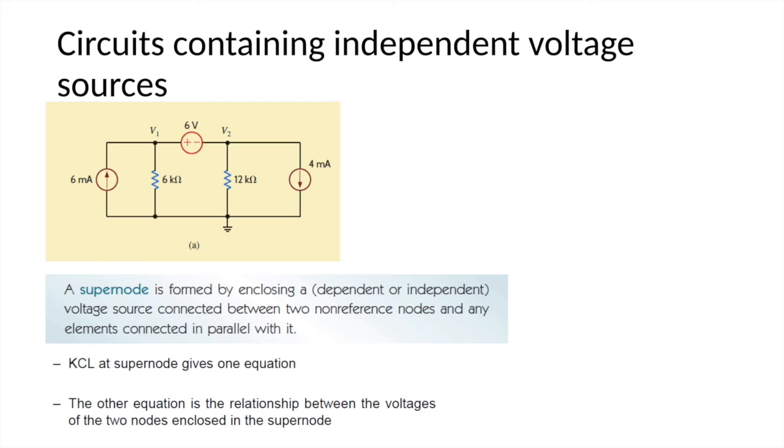The other case is that the voltage source is not directly connected with the ground, that is the reference node. In this scenario, we need to form a supernode by enclosing dependent or independent voltage sources connected between two non-reference nodes and any elements connected in parallel with it.